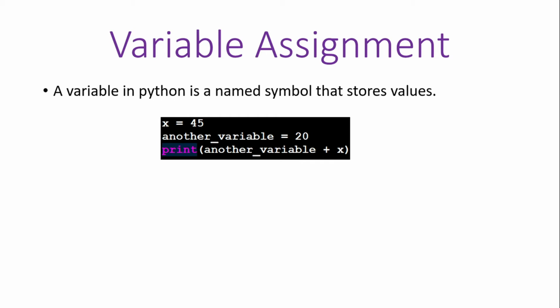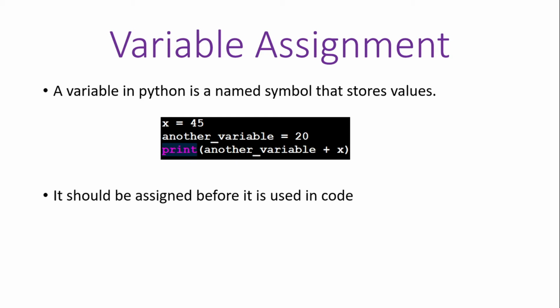Like suppose you have to take a number from the user and add it and print it out. Okay, so it cannot be used before it's assigned. Like suppose you wrote print X before X is equal to 45. It is not gonna work because Python runs from line 1 to line 100, line by line.